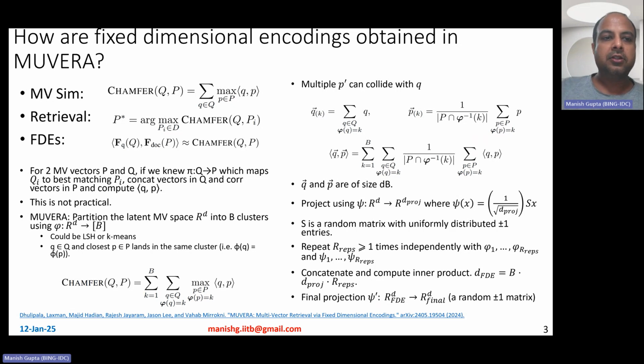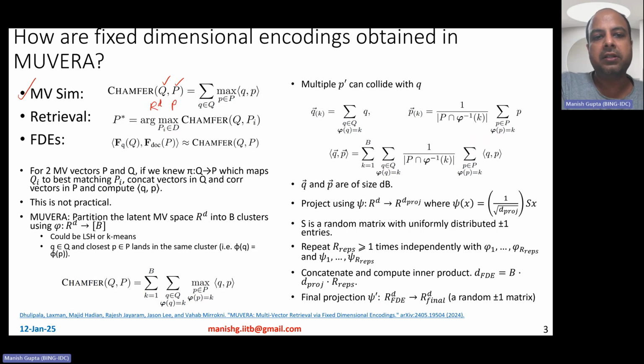Okay, so let's start. In multi-vector space, Chamfer similarity is computed like this. Chamfer, or as it is also called, maximum similarity: you have two sets of vectors, Q and P. Q stands for query. Let's say Q has 10 tokens, so there will be 10 vectors, each vector representing a token Qi in the query Q. Each vector is of dimensionality d.